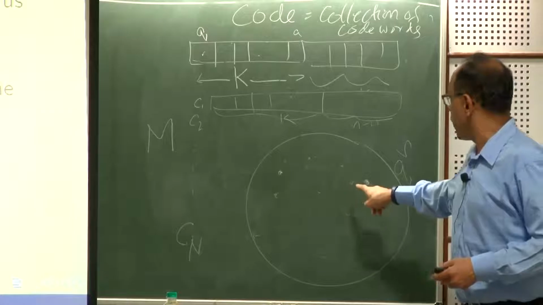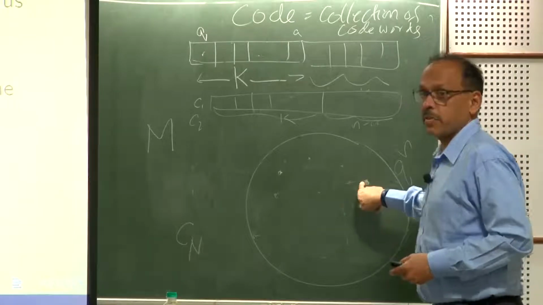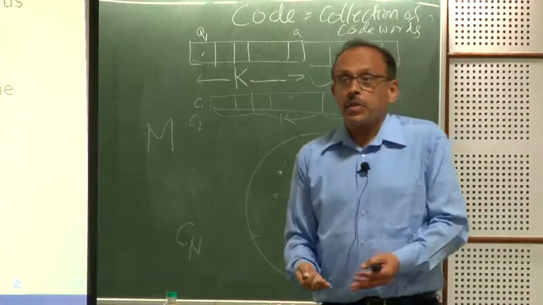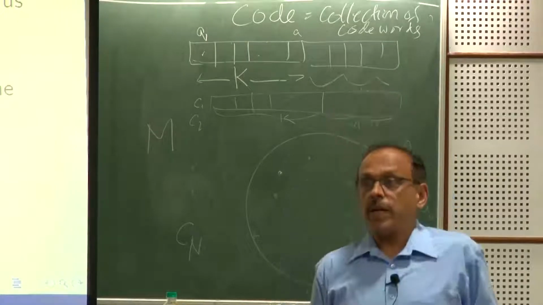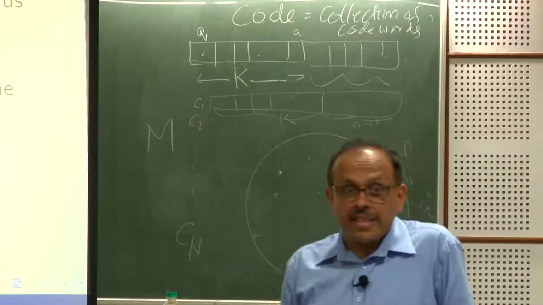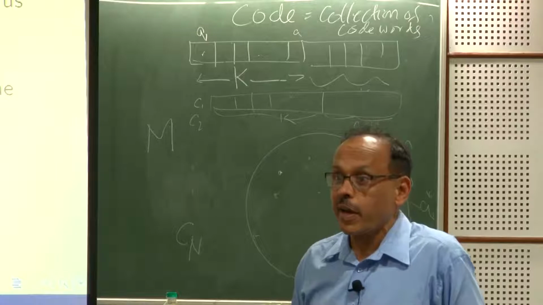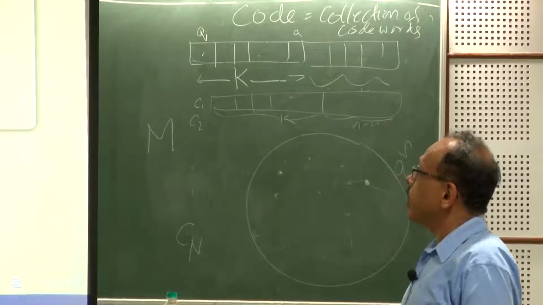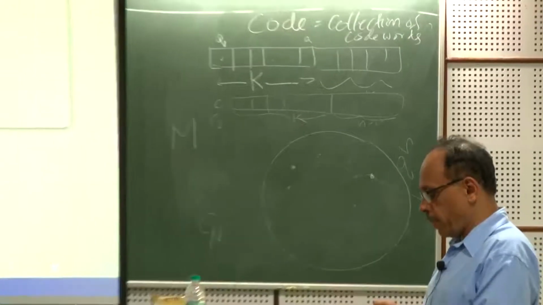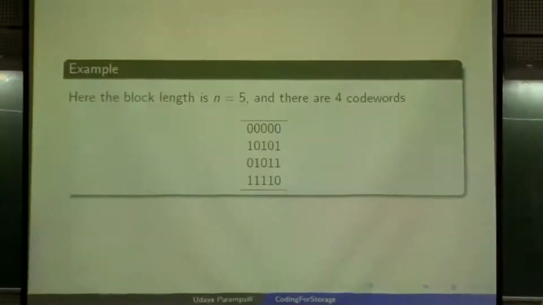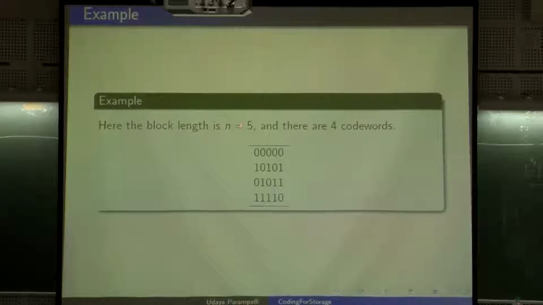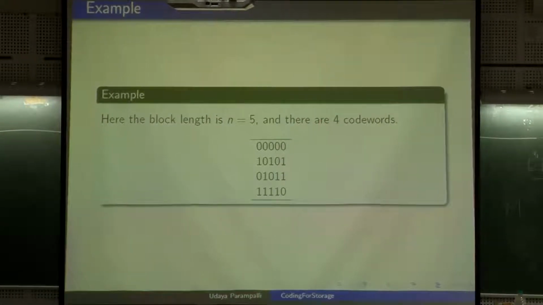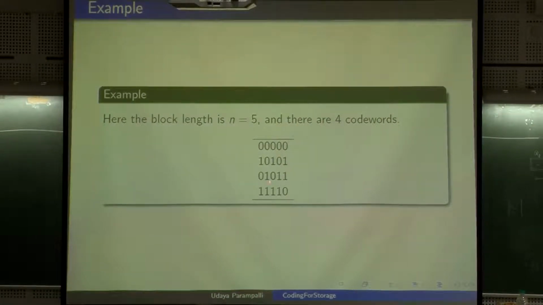So the problem of decoding is to come back to the original code word under some metric. For that, some idea of a distance is needed, without which you cannot conceive this idea. Just to give you an example, here the block length is n equal to 5, and there are 4 code words. Can you remember what kind of code this is?